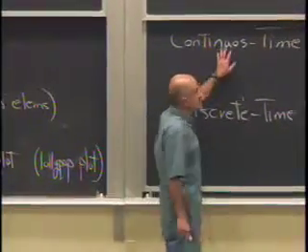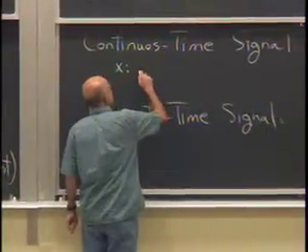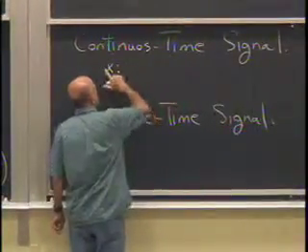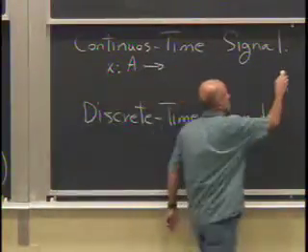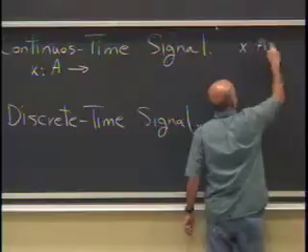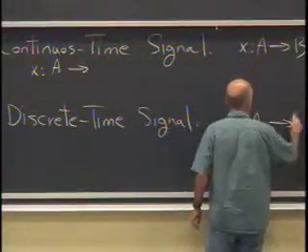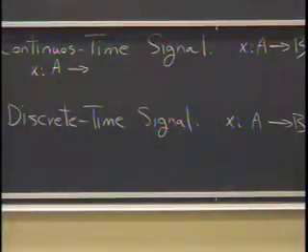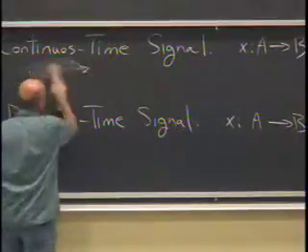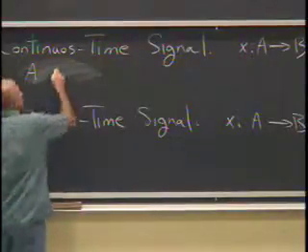So a continuous time signal, x, let's name it here, x from A to B. A is uncountable.